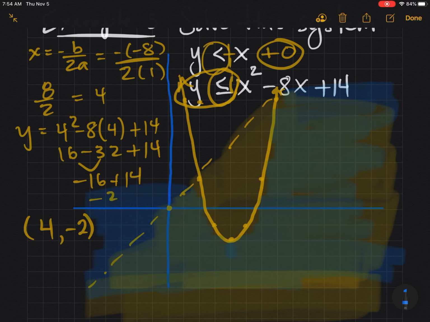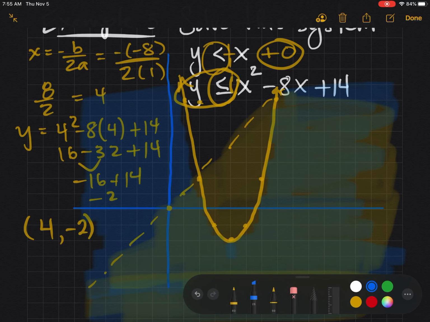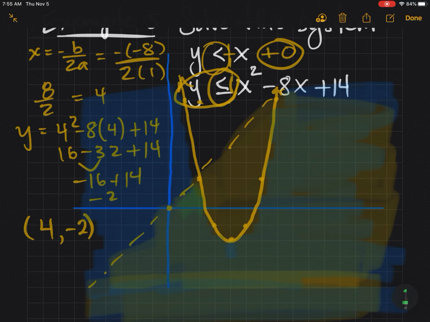So everything on this side is below. Now, I need to see where this overlaps. And it appears to me, yellow and blue make green. It appears to me that the overlap is right here. So this is the solution.